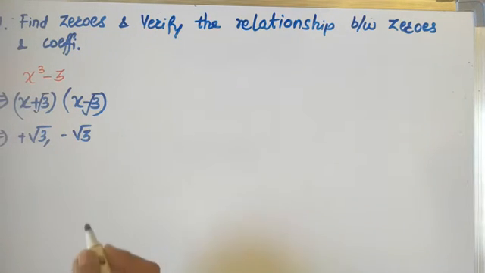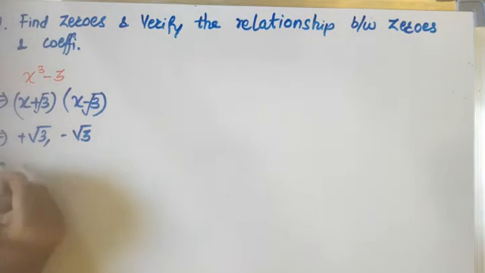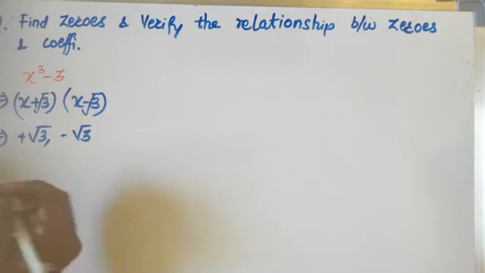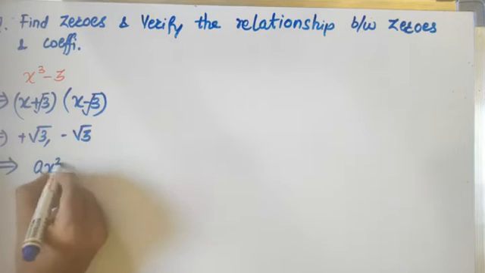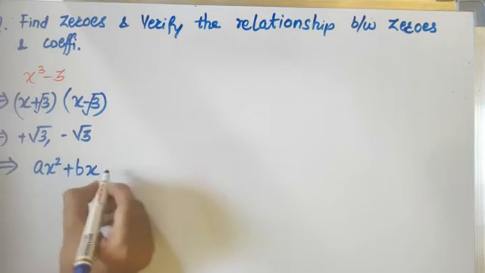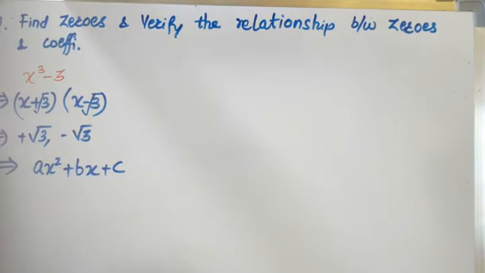How can we verify the relationship between sum of zeros? In the previous lecture, I have said that the sum of zeros is defined as minus b upon a. So by repeating further, the basic equation of polynomial is ax square plus bx plus c.